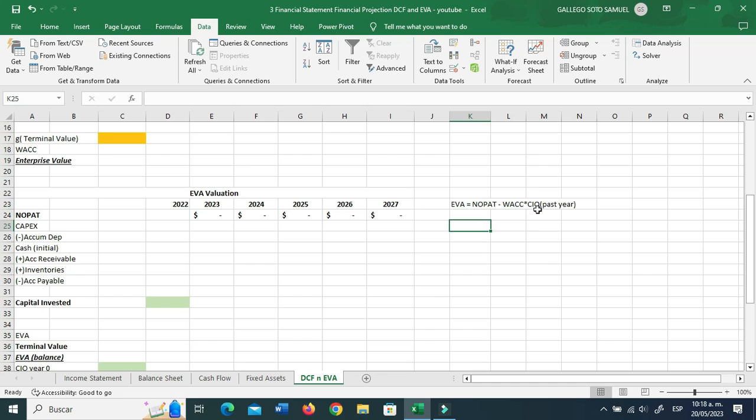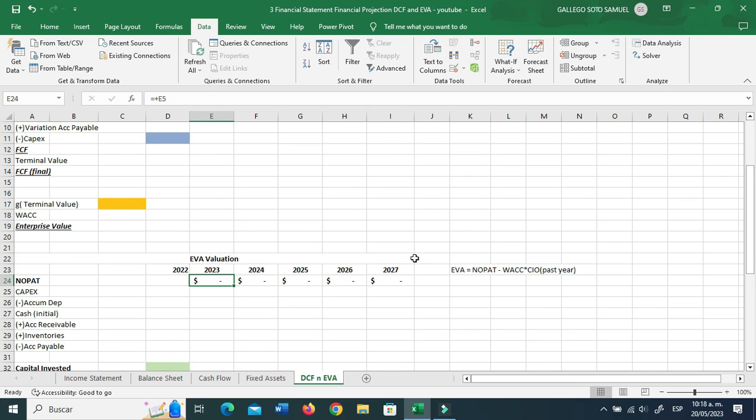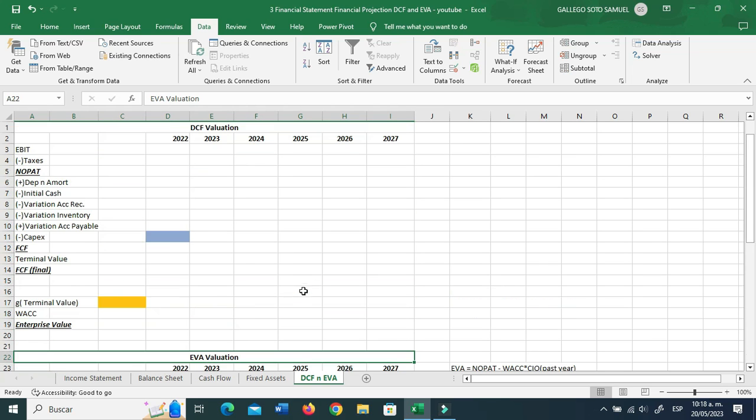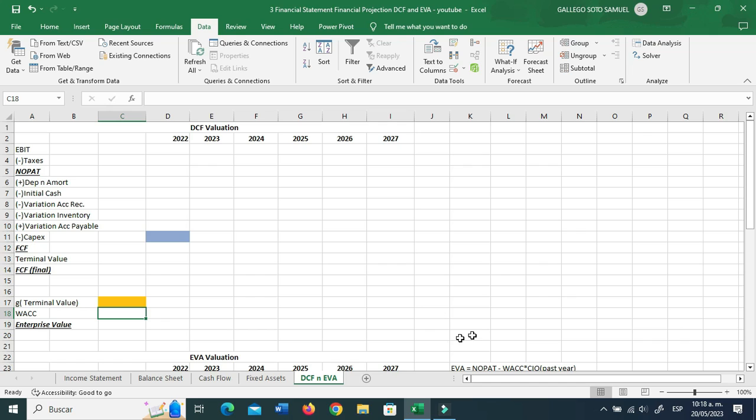You get a net operating profit after taxes, and then you subtract the weighted average cost of capital times the capital invested in the operation, the former operation's invested capital, the last year's invested capital. That means the money you're receiving today, as opposed to what you could get from that money if you invested somewhere else. Then you bring all that to present value, you add the initial investment, and there you go, you have it.